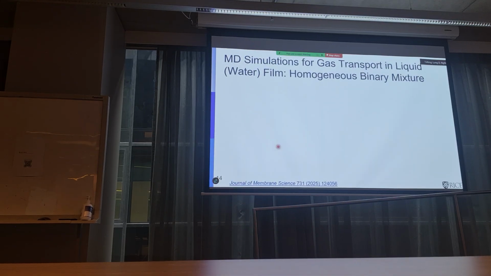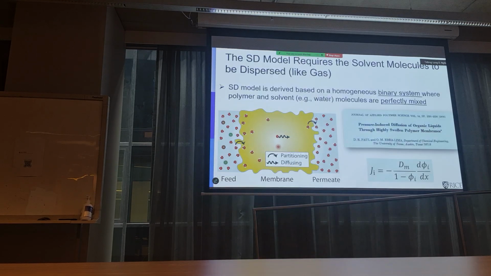Now, what you assume here is that the water molecules are more like a gas. They just dissolve as dispersed water molecules and move by diffusion like a gas. But we know that water is cohesive, and I'll refer to it later. Just a challenge for you: if you have water here, which is very cohesive, where the water molecules are clustered, how can they suddenly come inside and become single, dispersed molecules?